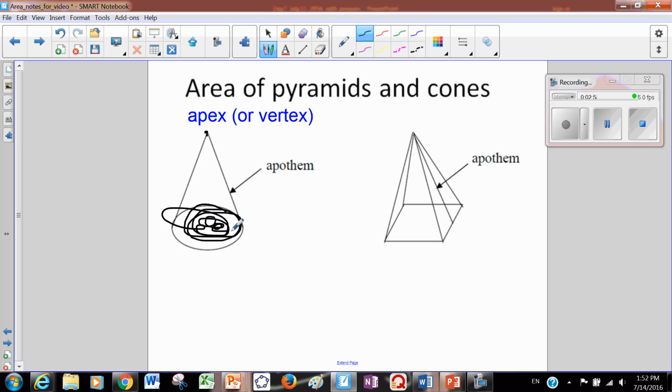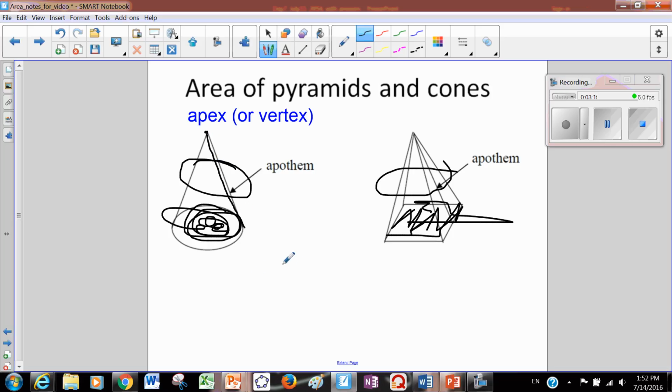Here the base is a circle, and here the base is a square. And the lateral area is going to be around. In both cases, we're going to talk sometimes about the apothem. And the apothem in a cone is the line that's coming down on the side.